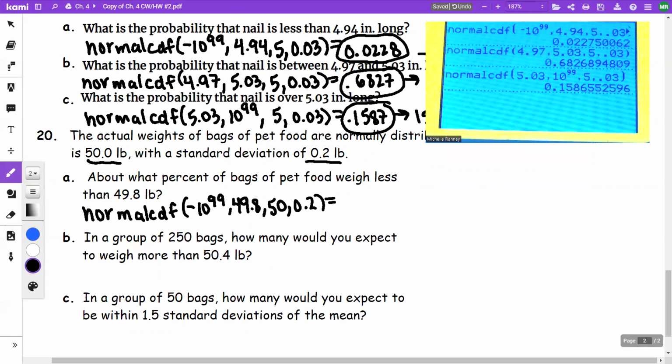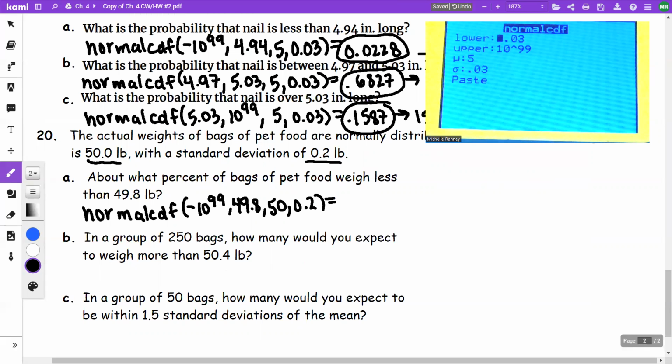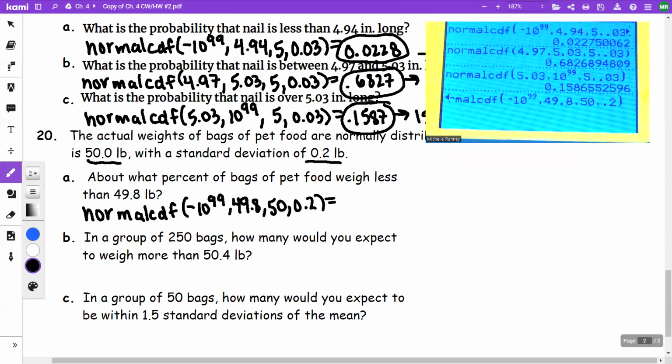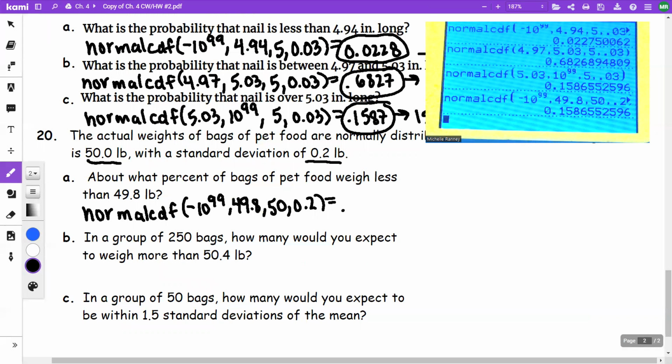So when I put that into my calculator, negative 10 to the 99, 49.8, 50, 0.2, we end up with 0.1587, which is 15.87%.